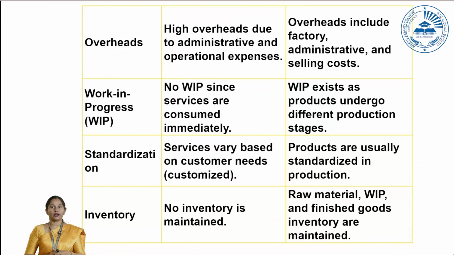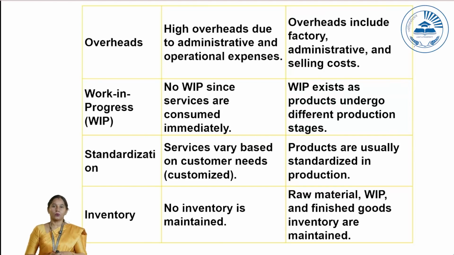Then, overheads. Compared to product costing, service costing overheads are high, which are administrative and operational expenses. Product costing is inclusive of factory and administrative expenses, and even the selling expenses will be included.